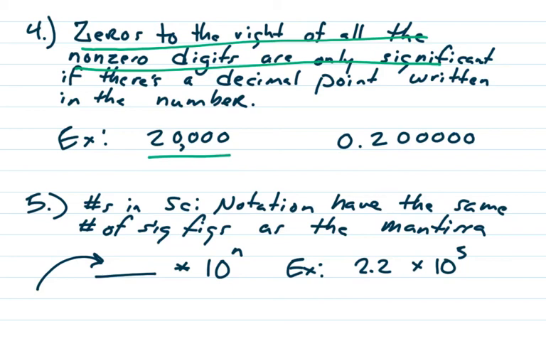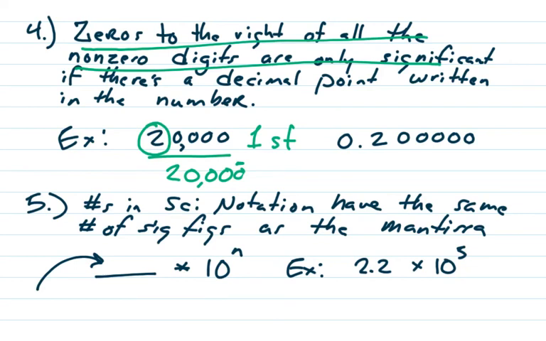So in this example, 20,000 is only going to have 1 sig fig, and that's the 2. If we wanted to have 1, 2, 3, 4, 5 sig figs, we'd have to write 20,000 with a decimal point. Sometimes it's written where a line will go over the last significant digit, something like that.